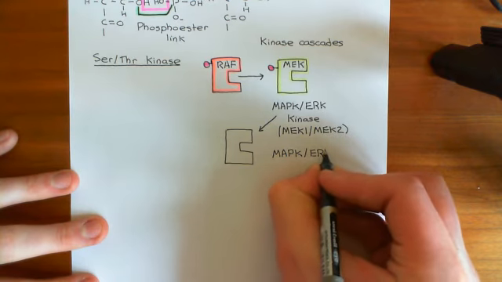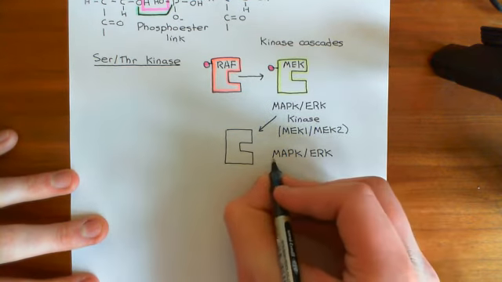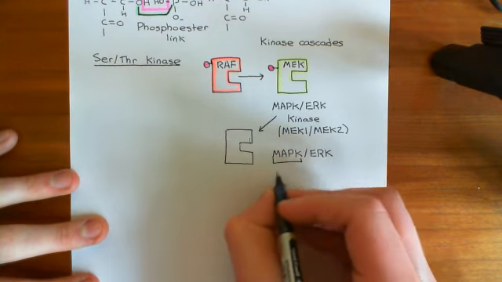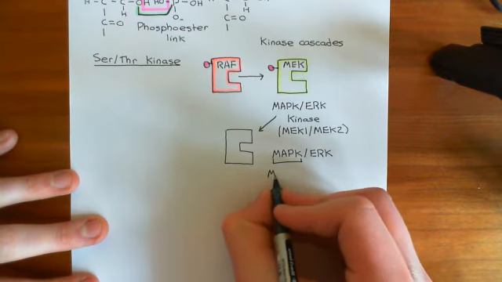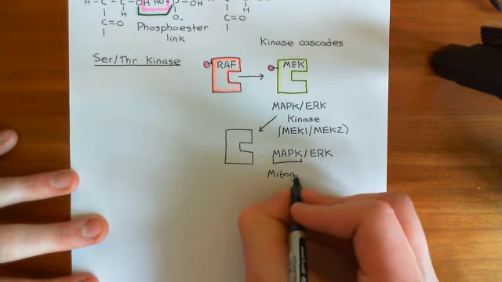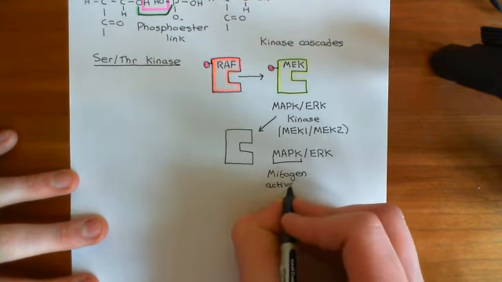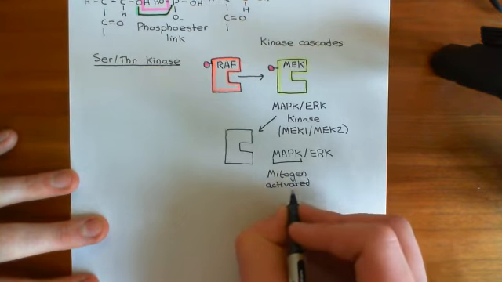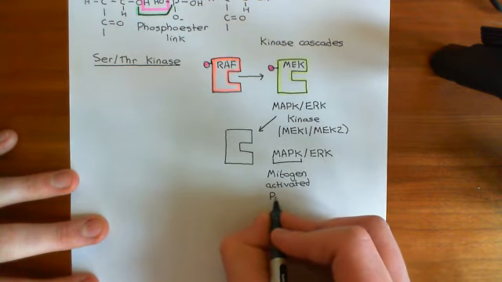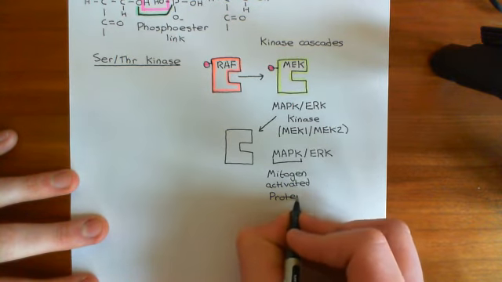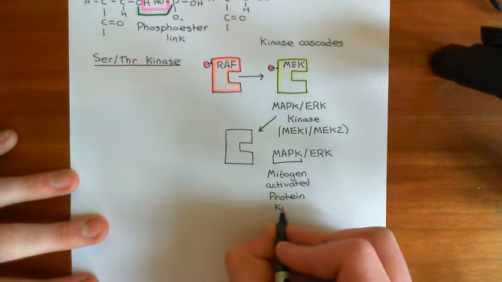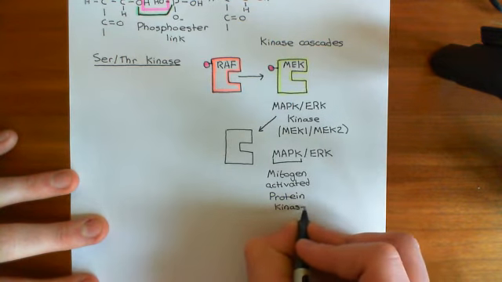So now what do these two names stand for? Well, MAPK first. This stands for mitogen activated protein kinase. So the M is for mitogen, the A is for activated, the P is for protein, and the K is then for kinase. So this is another kinase enzyme.